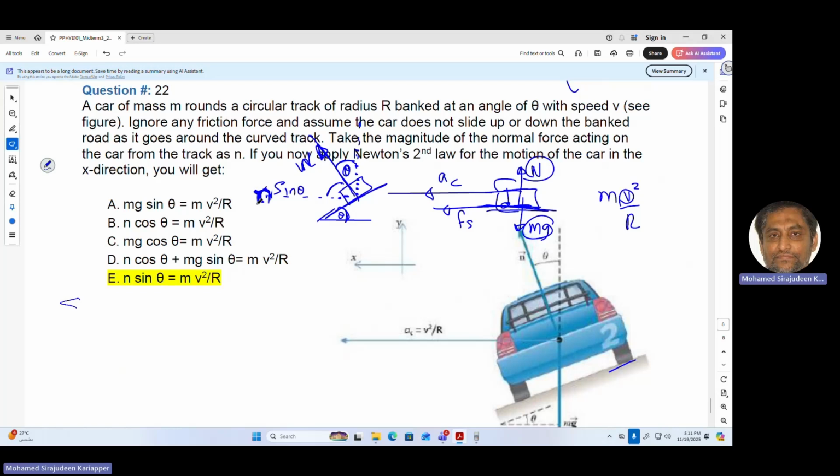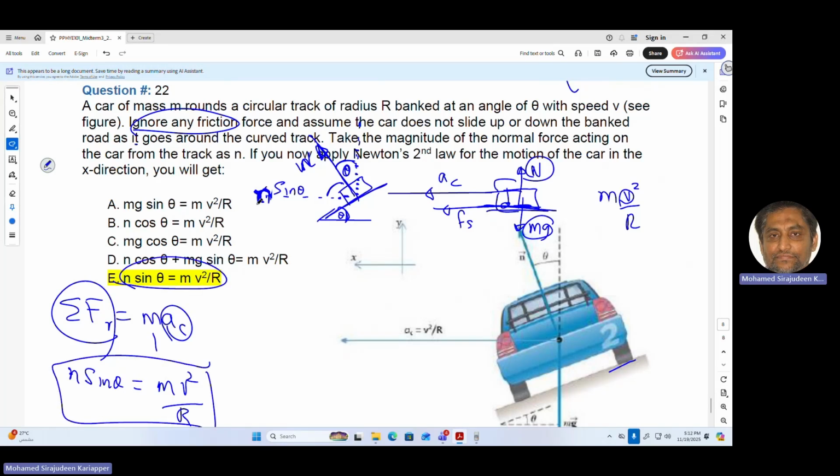So we apply Newton's second law. The centripetal force, let's say it's coming only from the normal force, we ignore the friction. So the only force in the acceleration direction is N sine theta. Mass multiplied by the centripetal acceleration, which is v squared over r.